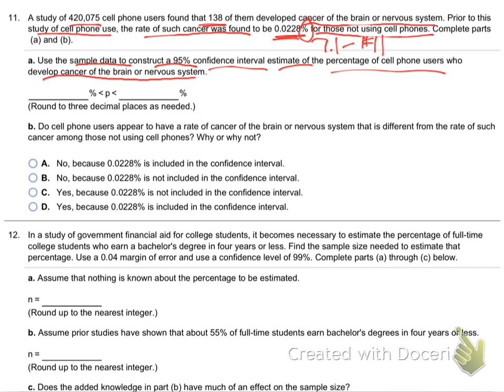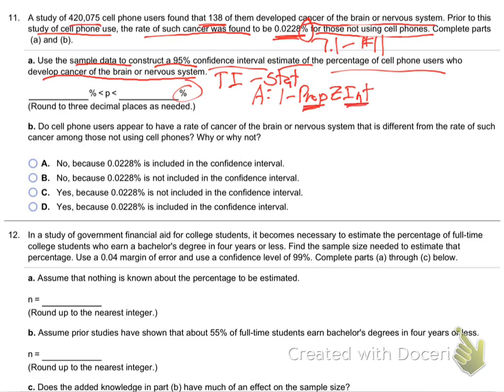So, all right, we have to go to our TI calculator. On the TI, we hit stat, and then go down to option A, which is 1 proportion Z interval, because this is a proportion, we're talking about percentages, and it's an interval, a confidence interval.